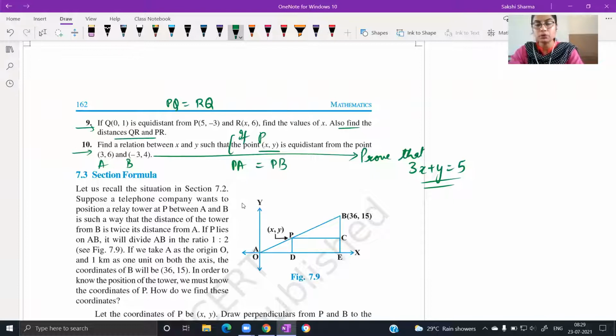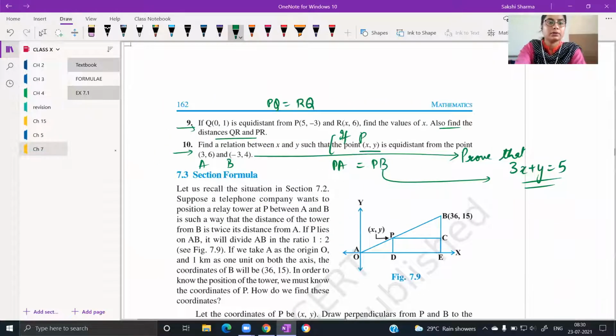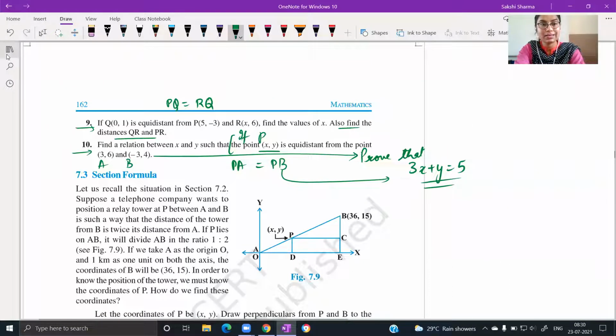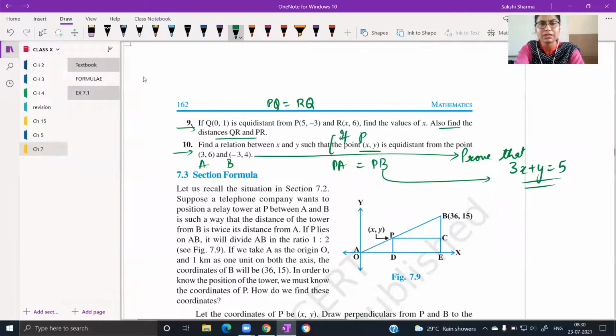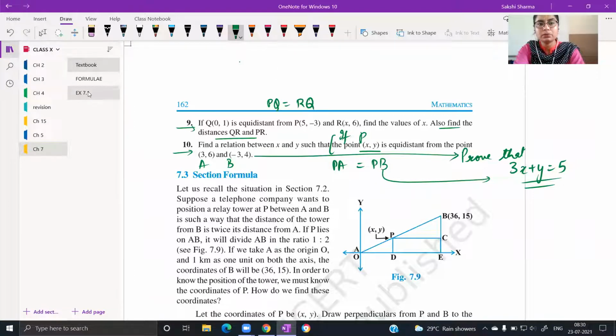Same concept: you will start by taking PA equal to PB, apply the distance formula, and you have to reach this result. Obviously, this is helpful, if the result is already given, you know where you have to reach. But otherwise, you will calculate and simplify as much as possible and give your answer. The second type is important, where you are given that the points are equidistant, or any kind of relation is given, and then you have to prove something.